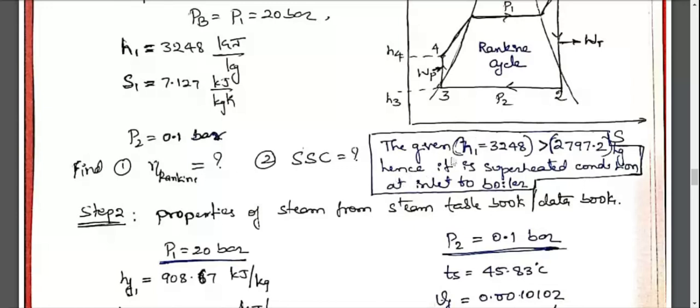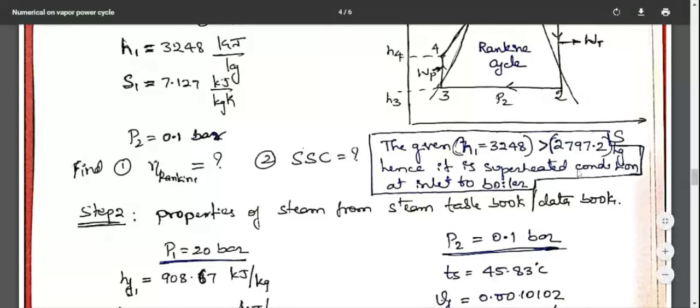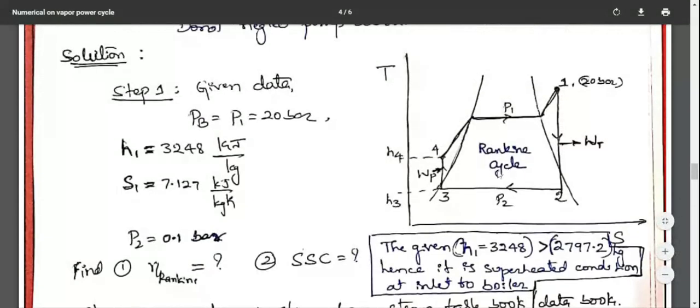Here we have written the given enthalpy is greater than the enthalpy from the steam table at 20 bar, hence it is superheated condition at inlet to the turbine. Okay, so we will draw the TS diagram for the superheated condition. So this is the TS diagram for superheated condition.